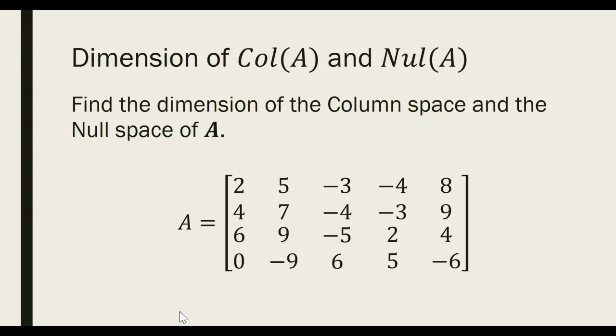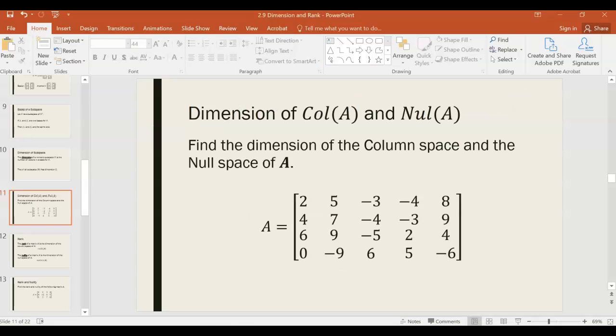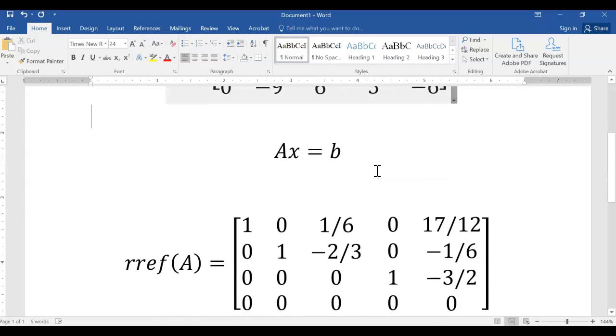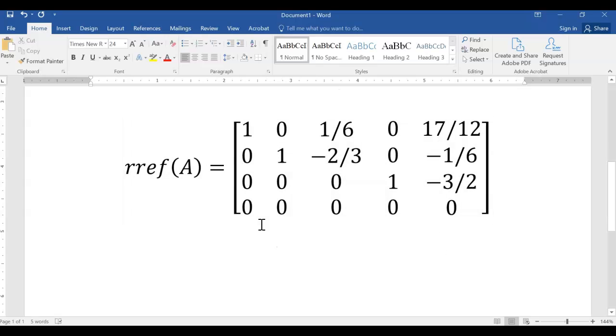All right, so here's what we did to find the column space and the null space bases last time. If you remember, in order to talk about the column space, basically what we're saying is what kind of vectors B can we create with these columns? And in order to get a basis, when we row reduced, we looked at the pivot columns. So if you row reduce this matrix A into row reduced echelon form, this is what you get. Again, I just used my calculator to do so.